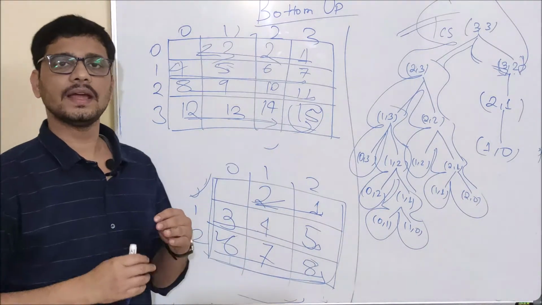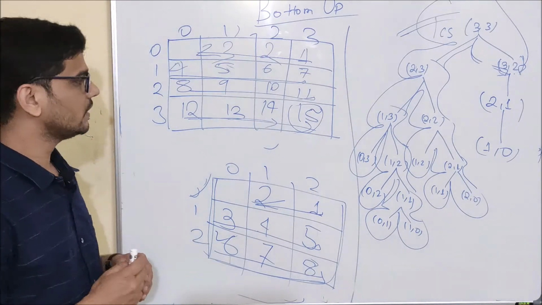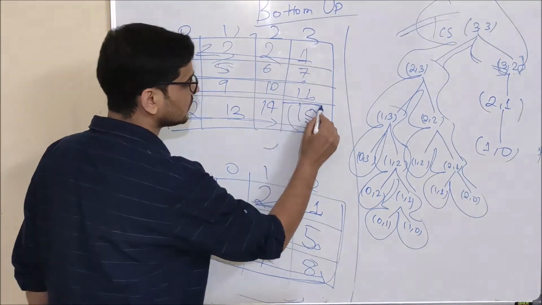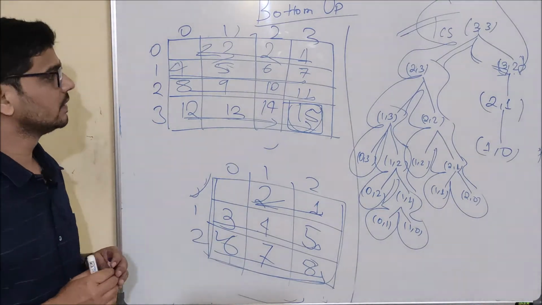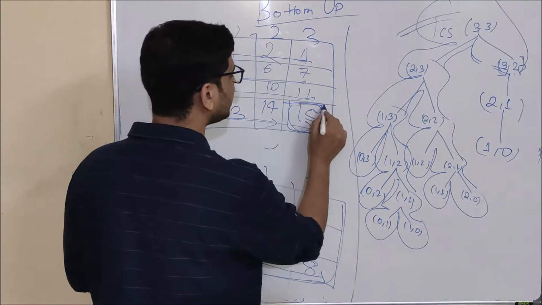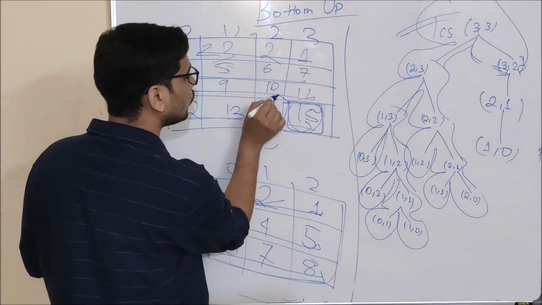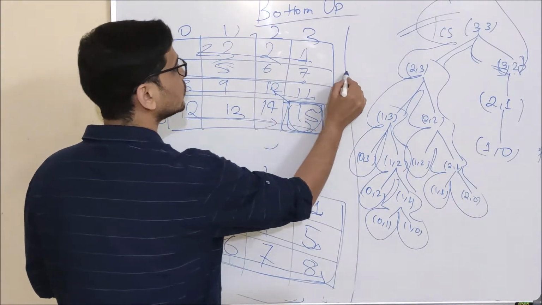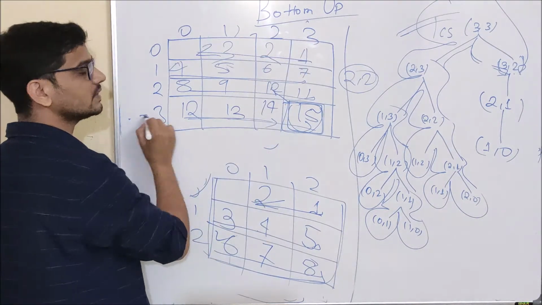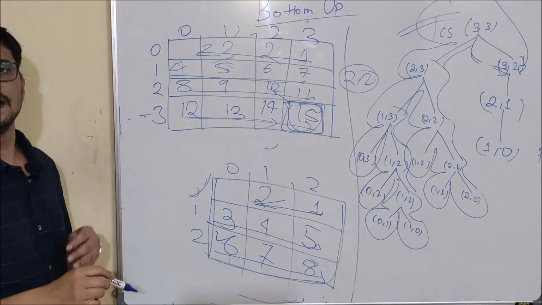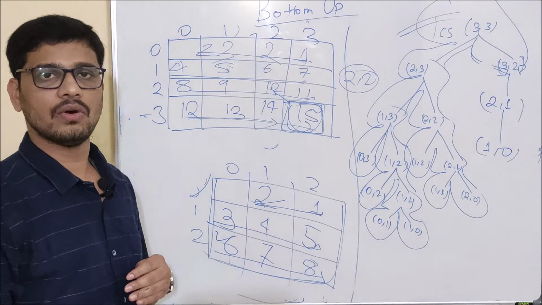What I am trying to tell you right now is, suppose I am at this particular position, what are the values we need? To calculate 3 comma 3, we need 2 comma 2, in case the characters at this particular position in word 1 and word 2 are equal.